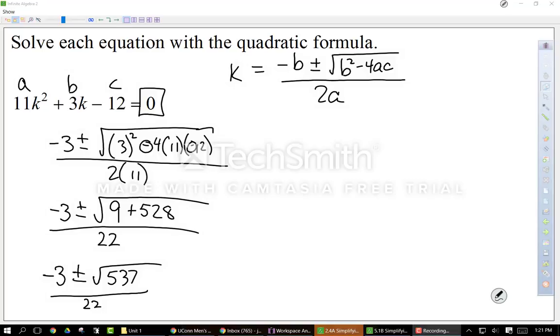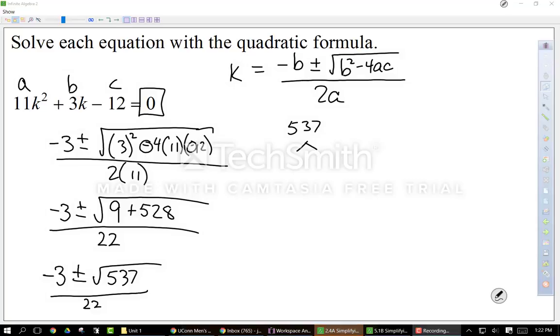Now what I have to do is see if 537 is a perfect square. If you type it into your calculator and you hit the square root button, you're going to get somewhere in the neighborhood of like 23.17 and so on. That means it's not a perfect square. Different strategies that we used a couple videos ago was that I told you how to break down a number into its prime factors. So 537, break it down.